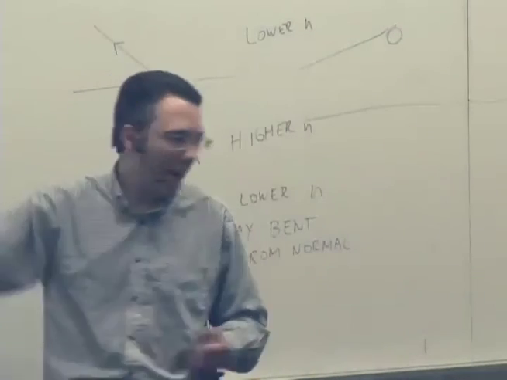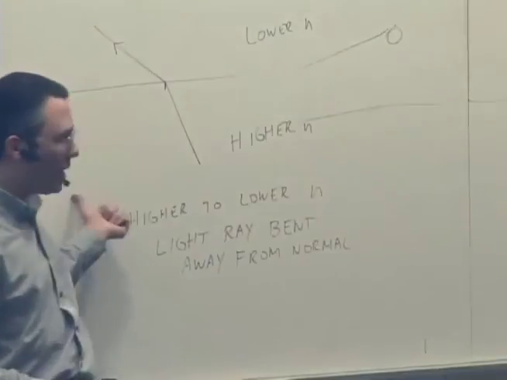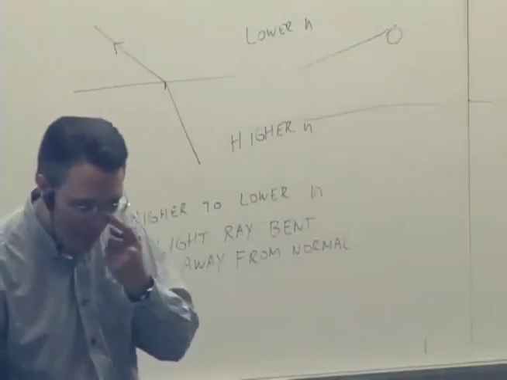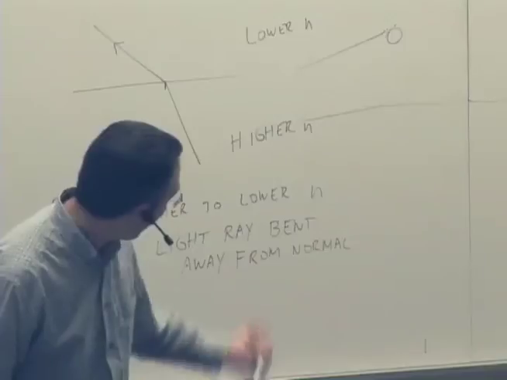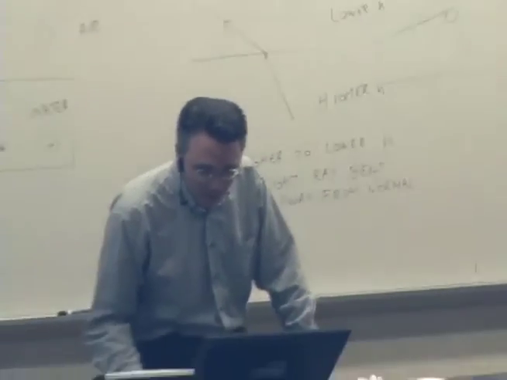This is going to be true all the time. You got to be a little bit careful when you're making generalities here, though. When you're going from a higher to a lower index, because something strange can happen.